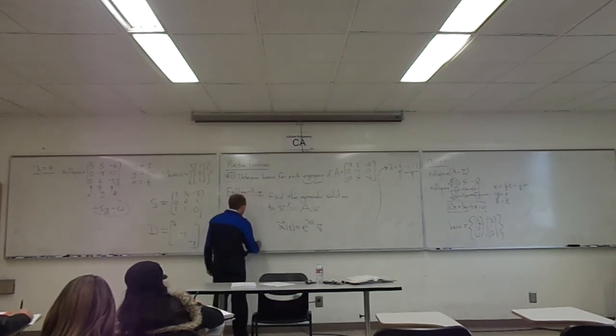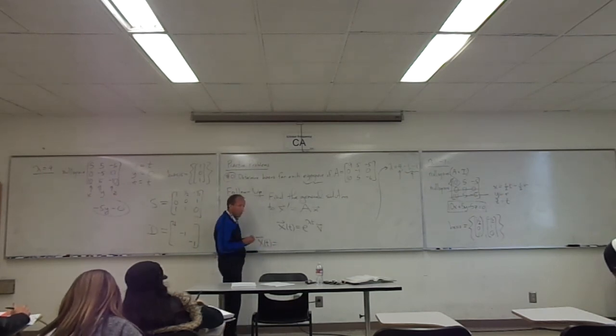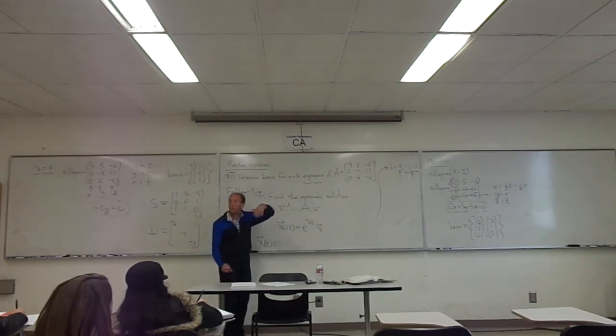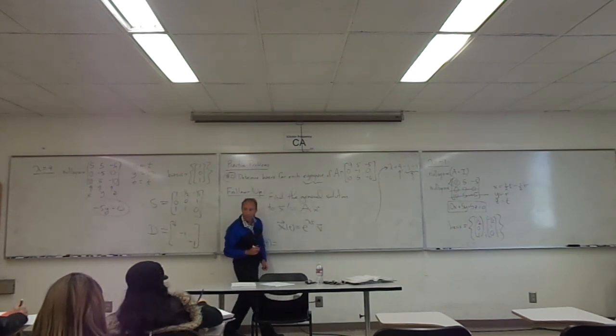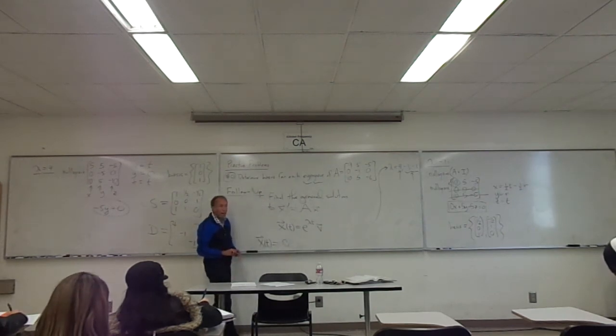Okay, so the answer in this case is, what's the dimension of the solution space going to be? 3. It's a 3 by 3 matrix. So it's a 3-dimensional solution. So I'm expecting 3 terms down here, right? 3 terms. The first term will start off with C1 times what?